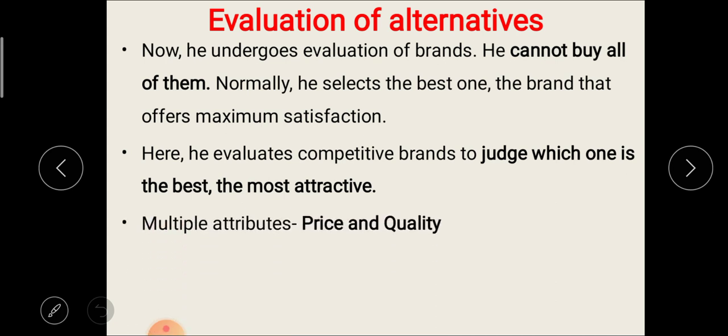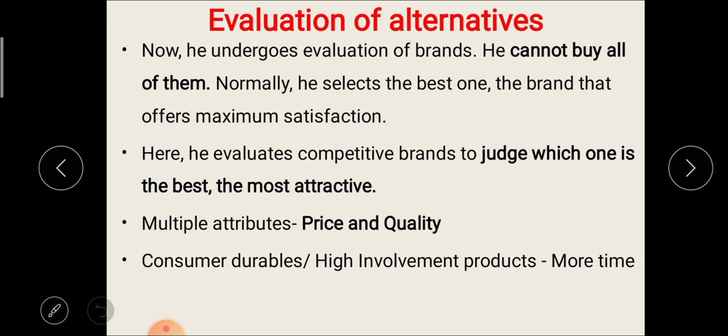Okay, so the consumer in the previous stage searched for information related to different brands of that particular personal computer. In this step, he decides which brand is the best one or which is most attractive, and also multiple attributes are used, like price and quality of that particular product.